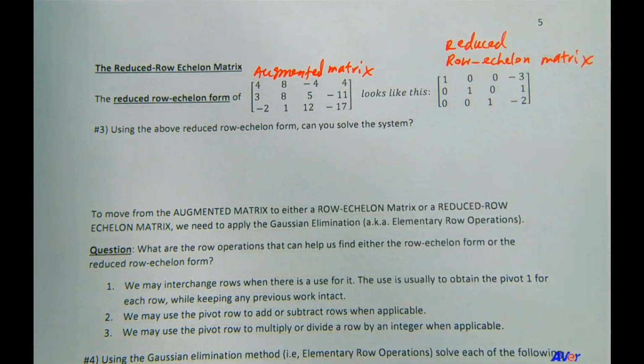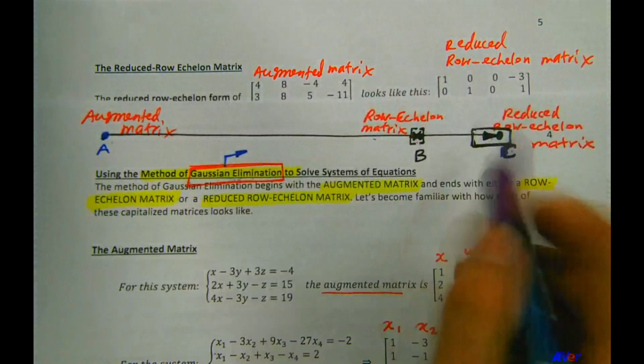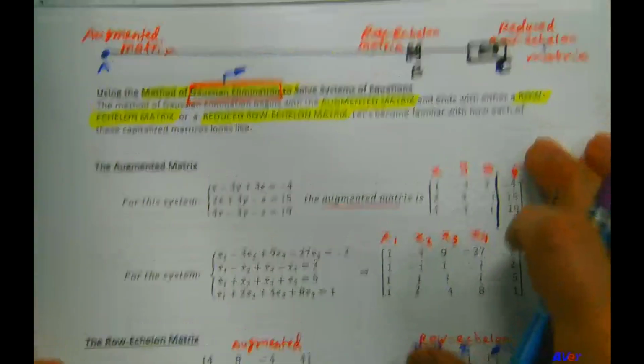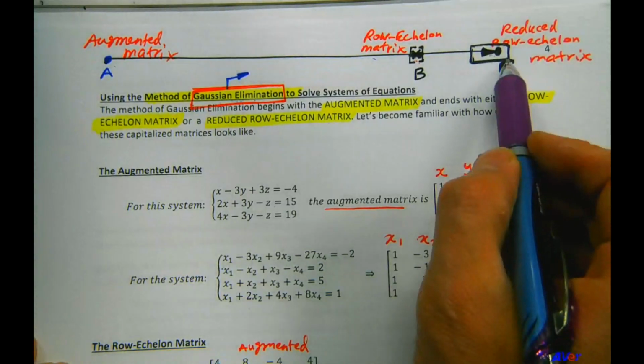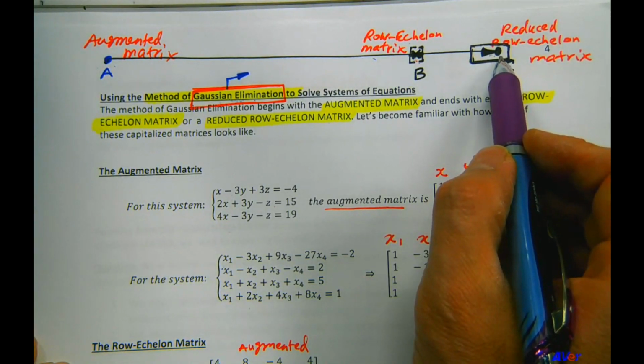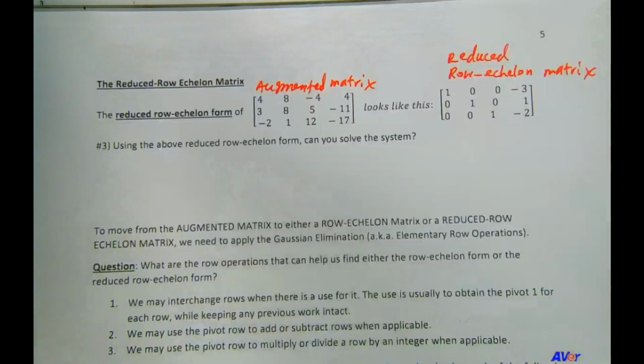If I bring back this diagram that I did, that's the last station. If we get off the bus here, we have finished solving the system. There is no more walking that we need to do. We are done.